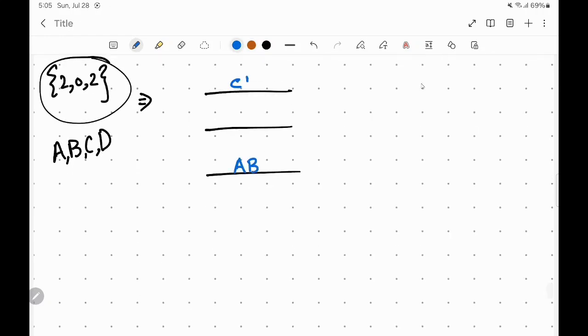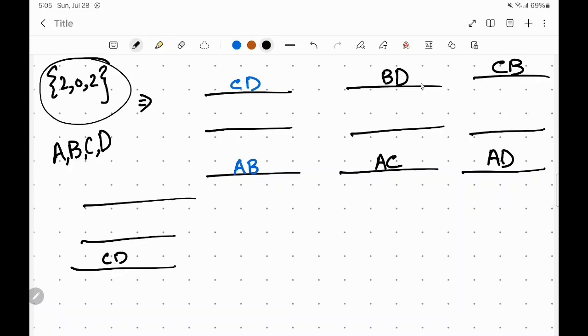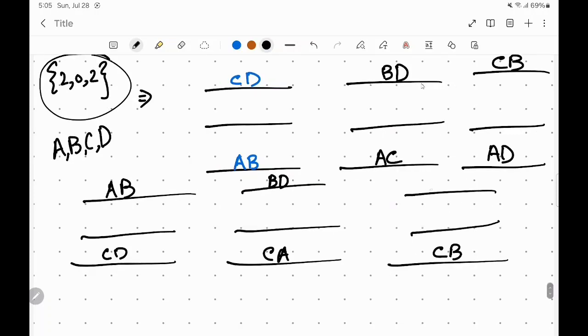A, B, C, D, or A, C, B, D, A, D, C, B, or there are C, D, A, B, and all reversal, B, D. So essentially there will be 6.